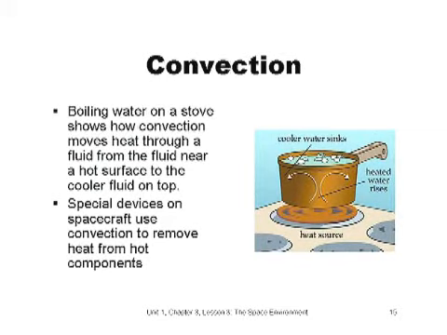Convection is a way to move heat by circulating a medium, such as air or water, over an object. The fan inside your computer uses convection to carry heat away from the processor. Here you can see how boiling water on a stove moves heat through a fluid from the hot source to the cooler fluid on top.